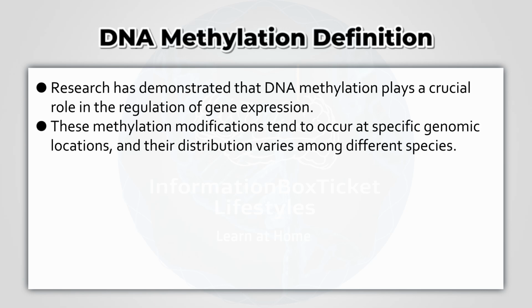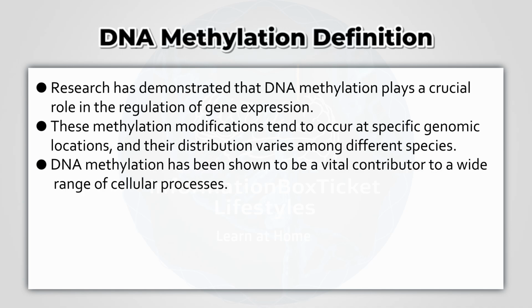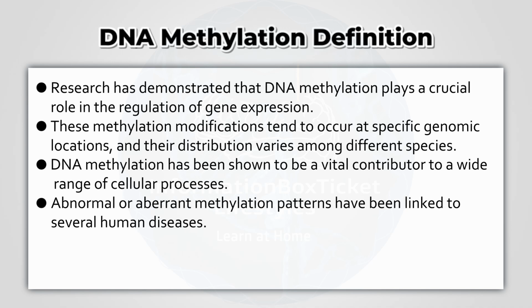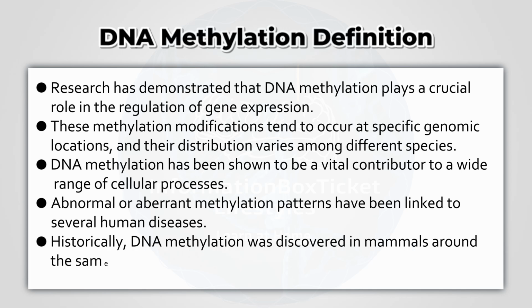These methylation modifications tend to occur at specific genomic locations, and their distribution varies among different species. DNA methylation has been shown to be a vital contributor to a wide range of cellular processes. Abnormal or aberrant methylation patterns have been linked to several human diseases.